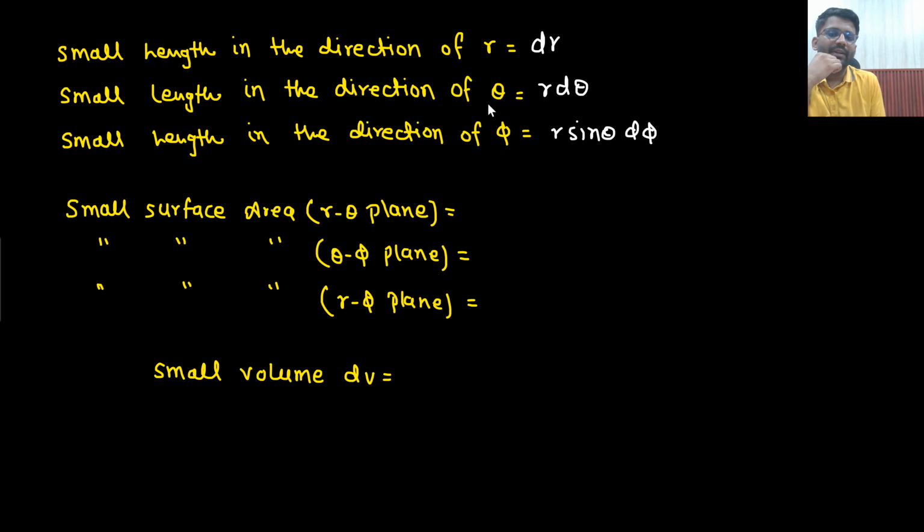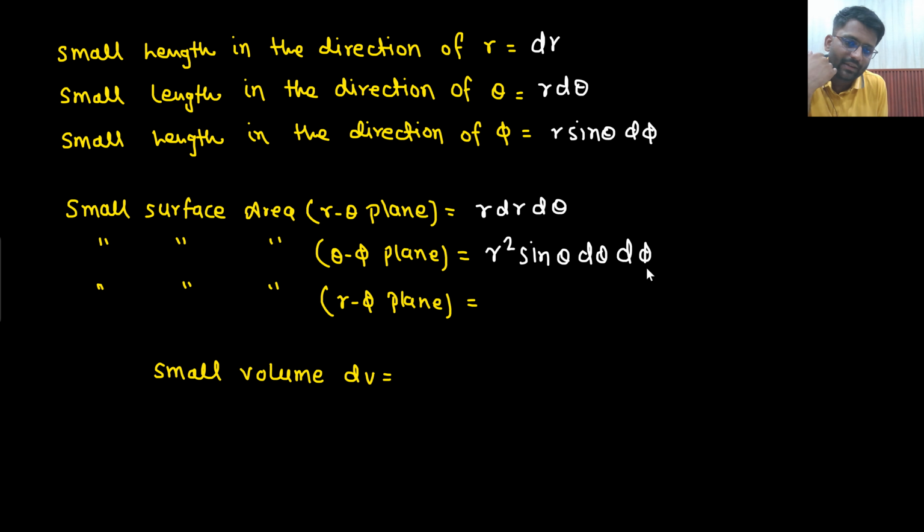Now for the r theta plane, what will be the surface area? That will be r dr d theta. For the theta phi plane, what will be the surface area? That will be r square sin theta d theta d phi. And for the r phi plane, that will be r sin theta dr d phi.